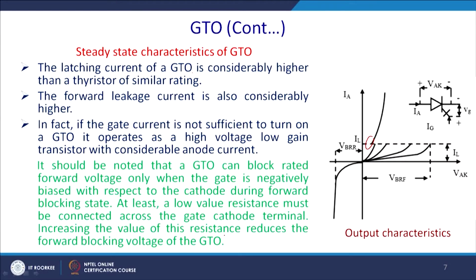Increasing the value of the resistance will reduce the forward blocking voltage of the device. This is a very important point. While you have a forward blocking mode, you require to put a little amount of negative gate current to keep it actively in forward blocking mode. So, this is something you require to design for.